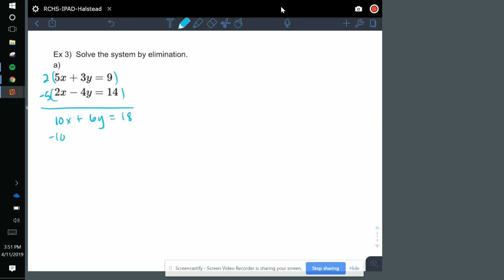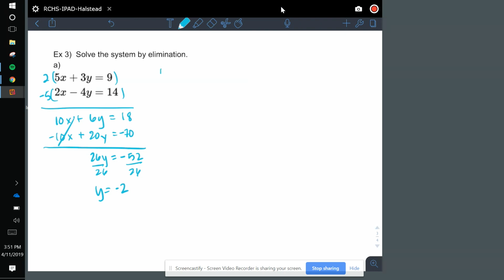And on the bottom I get negative 10x plus 20y is equal to, no, negative 70. Just kidding. Okay. So when I add these together, the 10s cancel, giving me 26y is equal to negative 52. Divide by 26. I get y is equal to negative 2.